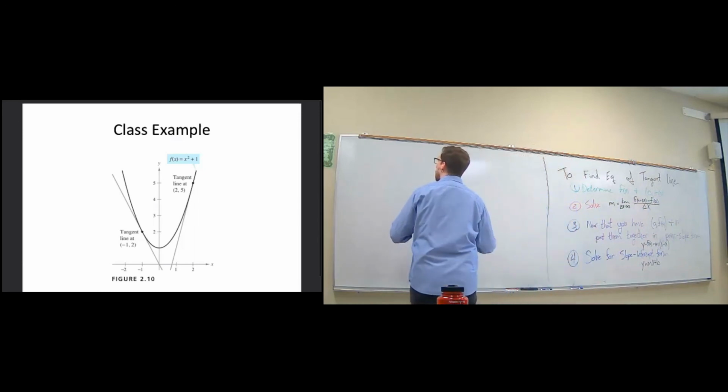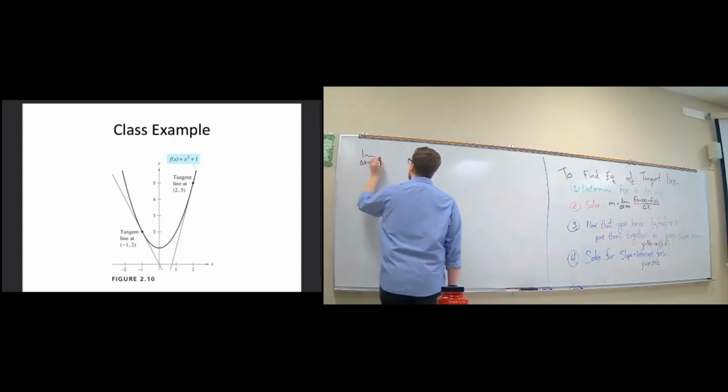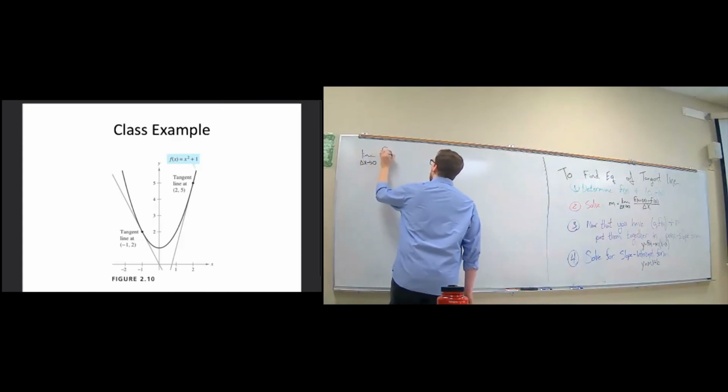All right. So we want the limit as delta x goes to 0 of f of x plus delta x minus f of x over delta x.